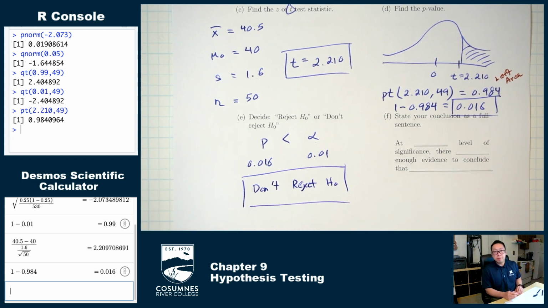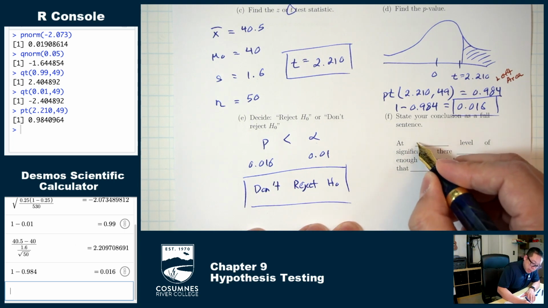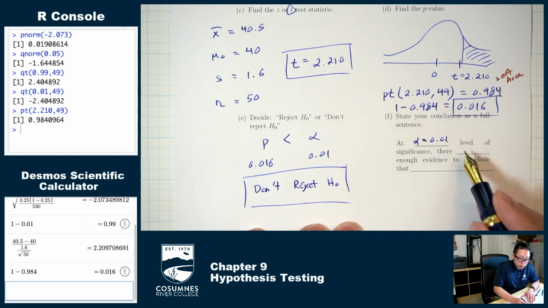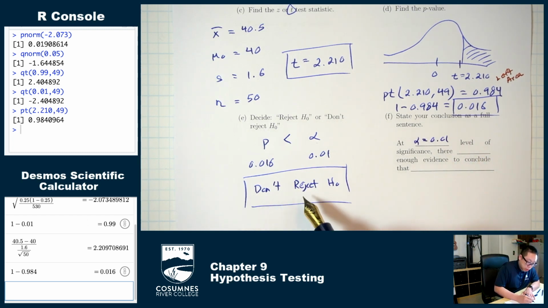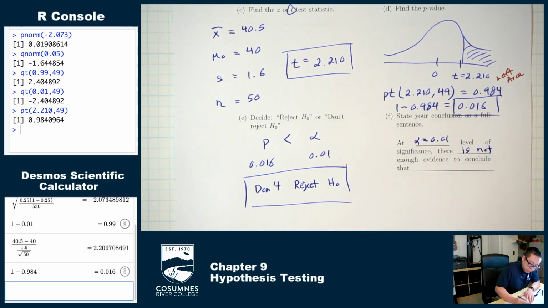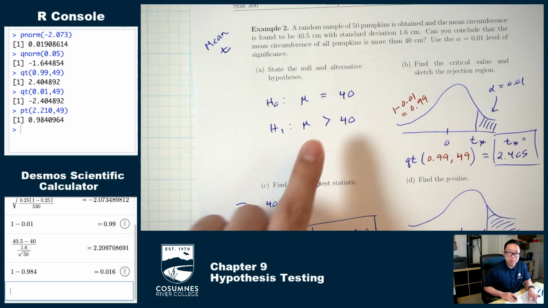And then our sentence. State your significance level, alpha equals 0.01. At the 0.01 level of significance, there is or is not enough evidence. If you did not reject, there is not enough evidence to conclude that, and then state H1 as a sentence.